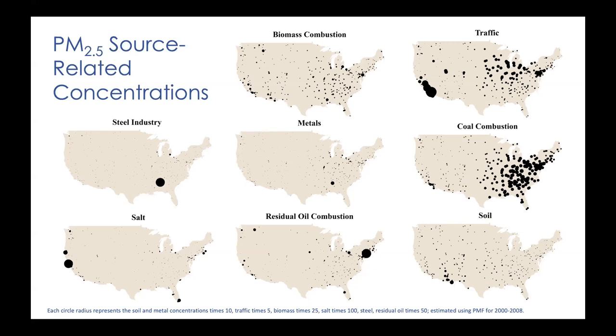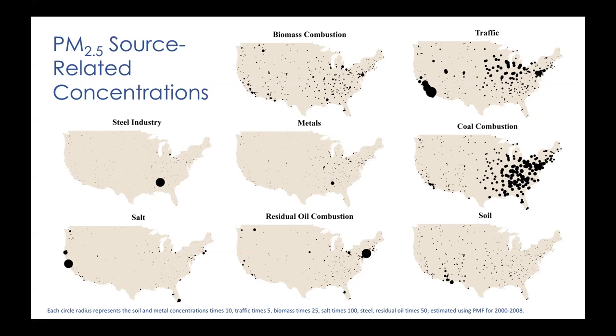We can see that based on the size of the circles, where larger circles represent higher concentrations. Just to note, the circles have been scaled according to the contributions for each source, so you cannot relate the contributions of different sources to each other.